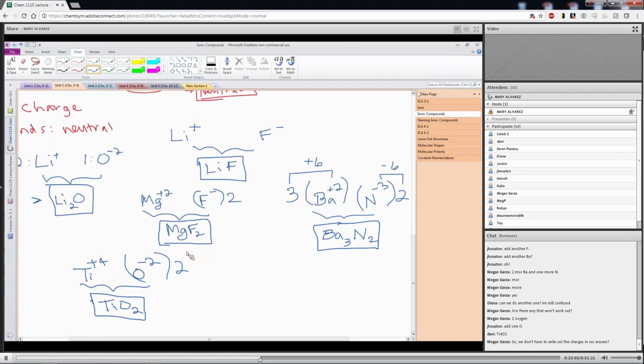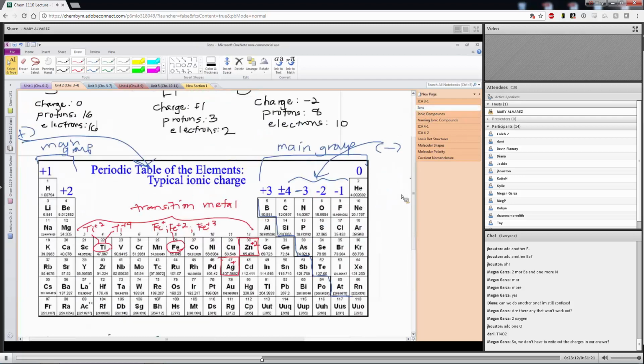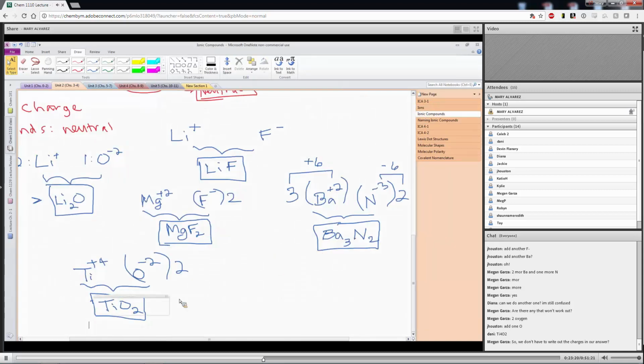Second of all, the other reason it doesn't tell you is because you and I already know, based on what we learned about ions here, if I have oxygen in an ionic compound, you know that the charge on that oxygen is minus 2. I don't have to tell you that, because either you memorized it or you've got the periodic table in front of you so you can look it up.